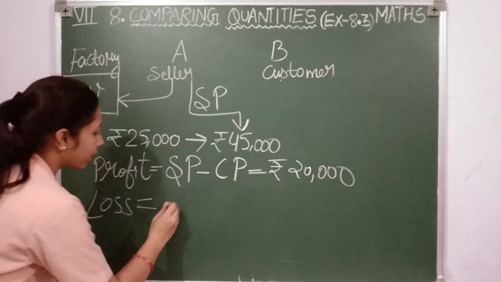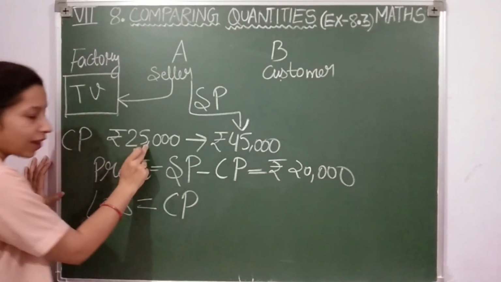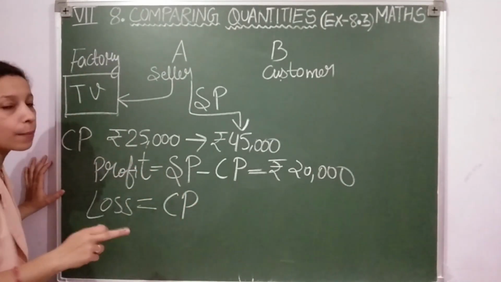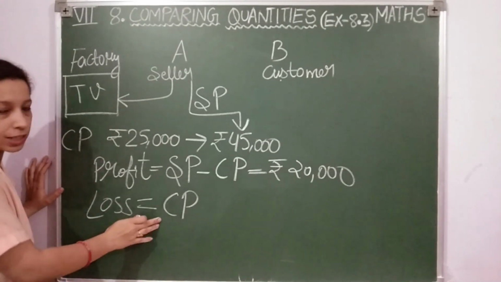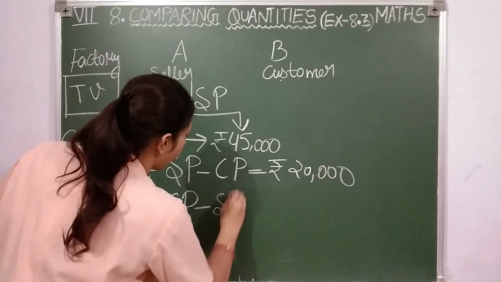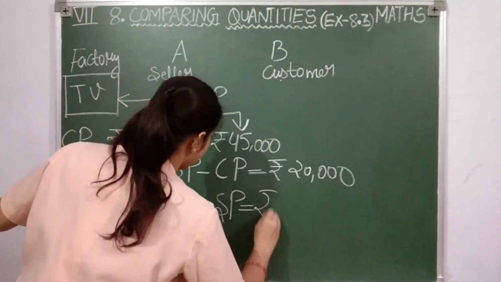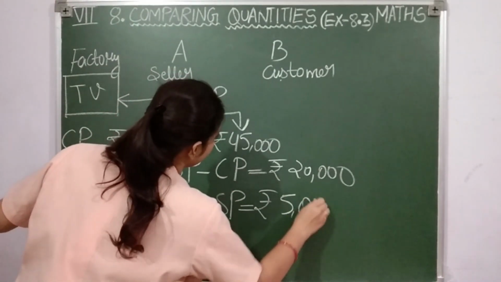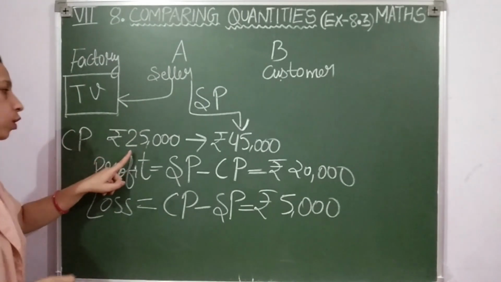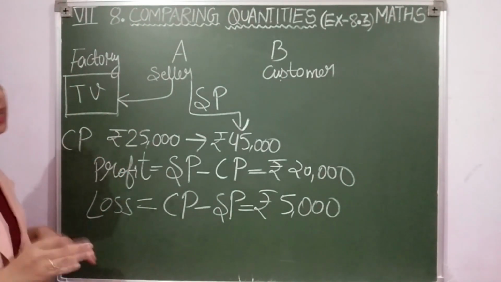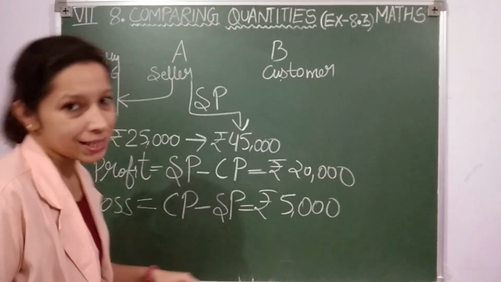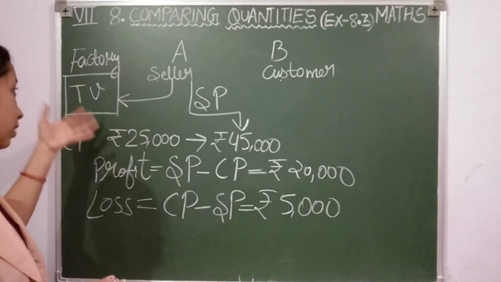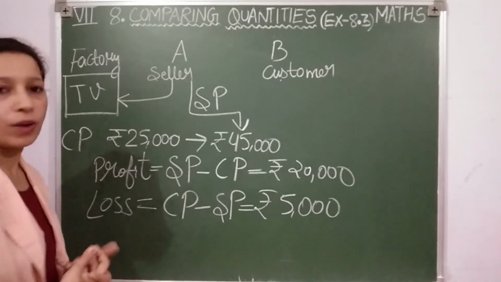Okay, now cost price is 25,000. According to this example, how much is the selling price? Only 20,000. That means cost price is more, the students. So whenever cost price is more, then you will have loss. Okay, cost price was 25,000, selling price is 20,000 only. So 25,000 minus 20,000, how much is the loss? Rupees 5,000. So this was about cost price, selling price, profit and loss.